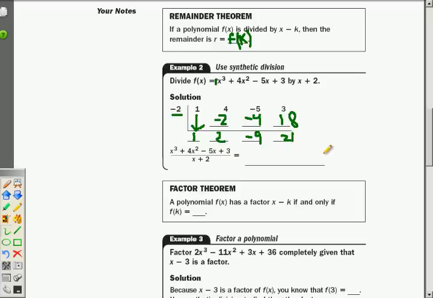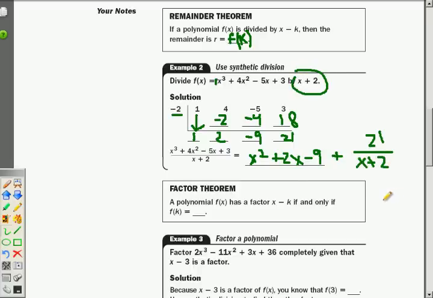Now, what that results in, my answer now is going to be 1x squared, because when I divide an x cubed by an x to the first, you're going to get an x squared, plus 2x minus 9 plus a remainder of 21 divided by the original x plus 2.